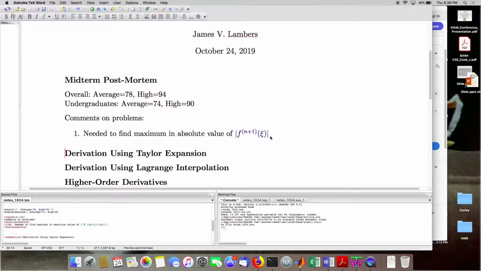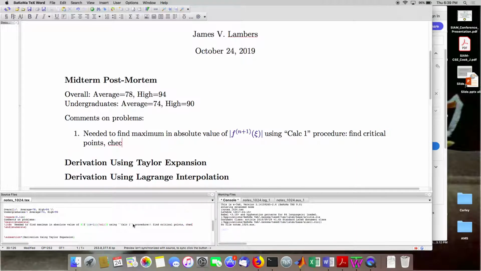So that had to be done using the Calc 1 procedure: find critical points, check endpoints. There were not many cases where that whole process was successfully executed. For the function given, it seemed that some Calc 1 skills had been lost.